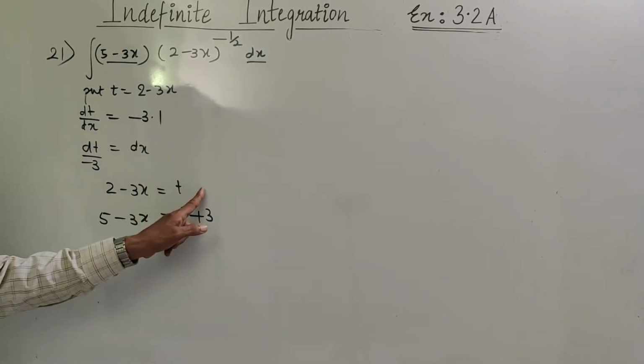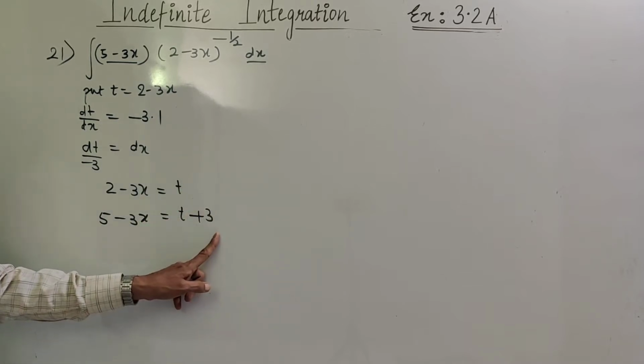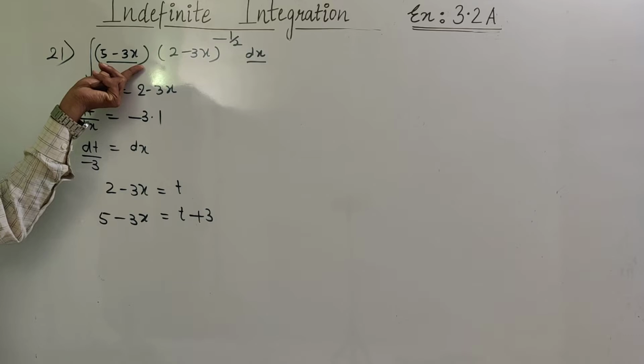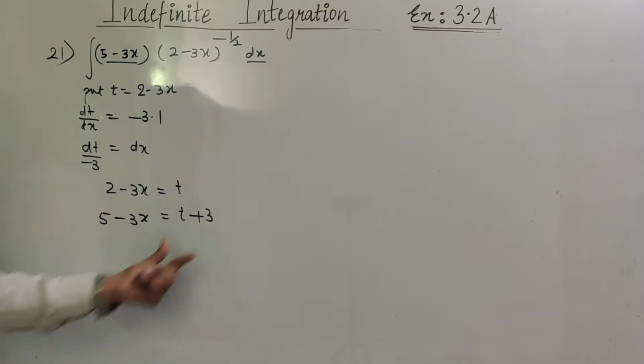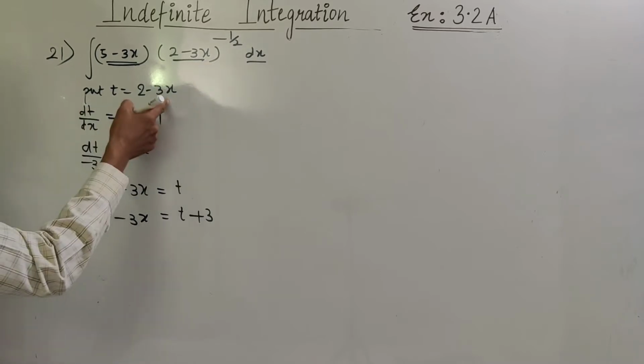Add 3 both sides. So 3 plus 2 will give us 5 and here t plus 3. So that 5 minus 3x will be equal to what? t plus 3. So this term we express in terms of t and this already we substituted t.